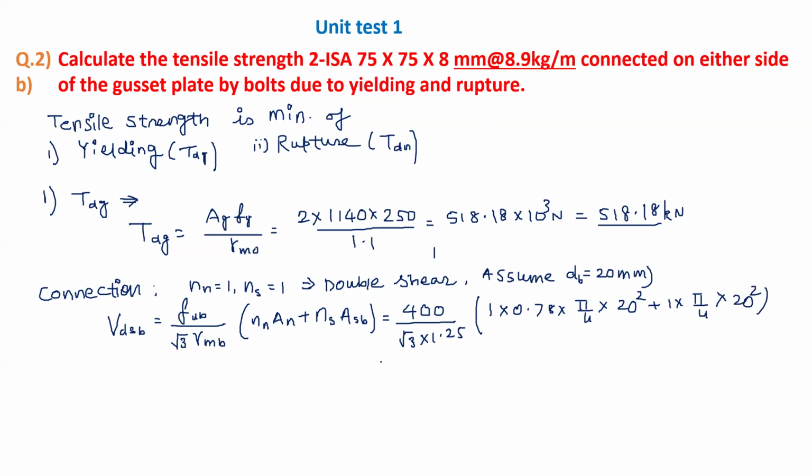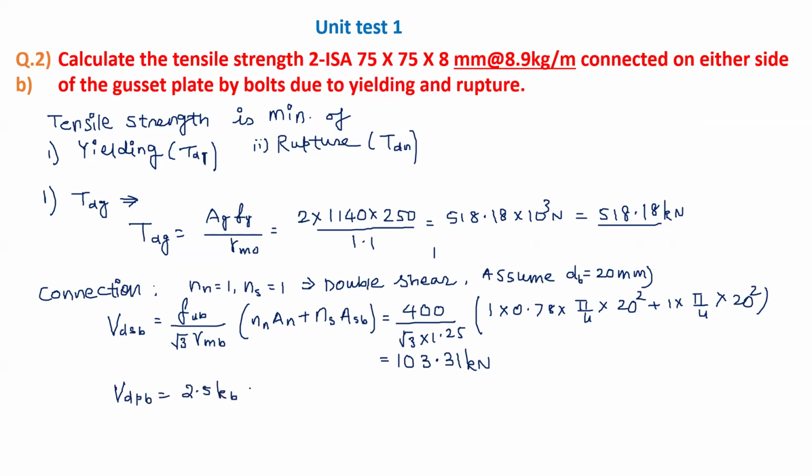And from this we will get the value of VDSB. Let me calculate it: 105.89 divided by 1.25 into 400 upon 410, and we have this value 103.31 kilonewtons.